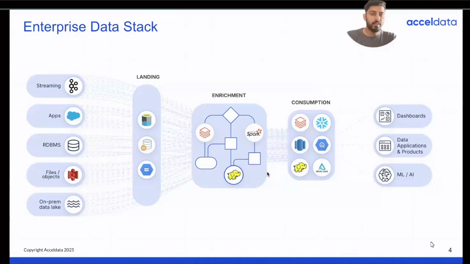So the net statement here is that Postgres can be used by companies in different lines of business, and those companies can use Postgres in landing, in consumption, or in some other stage of a pipeline, right? But for Acceldata, it is very easy to connect. I'll show you the steps and the prerequisites, but it does not matter which line of business you are in, or whether your Postgres is in landing or in consumption.